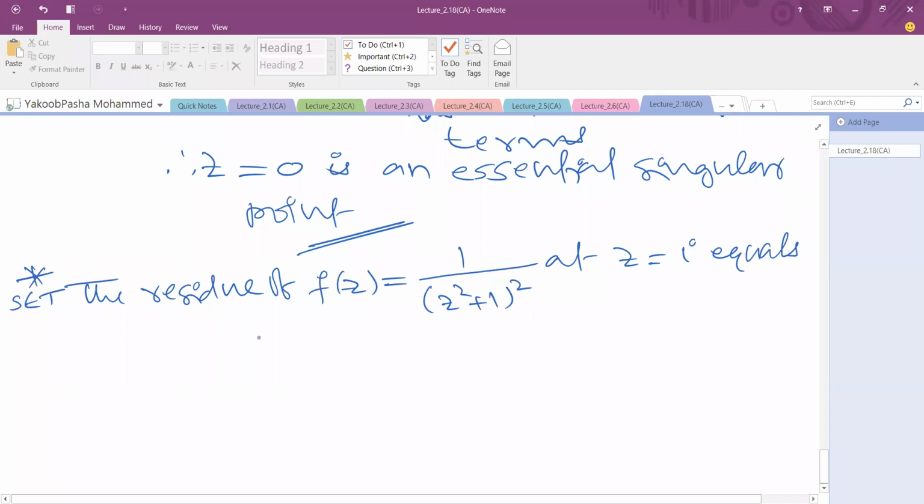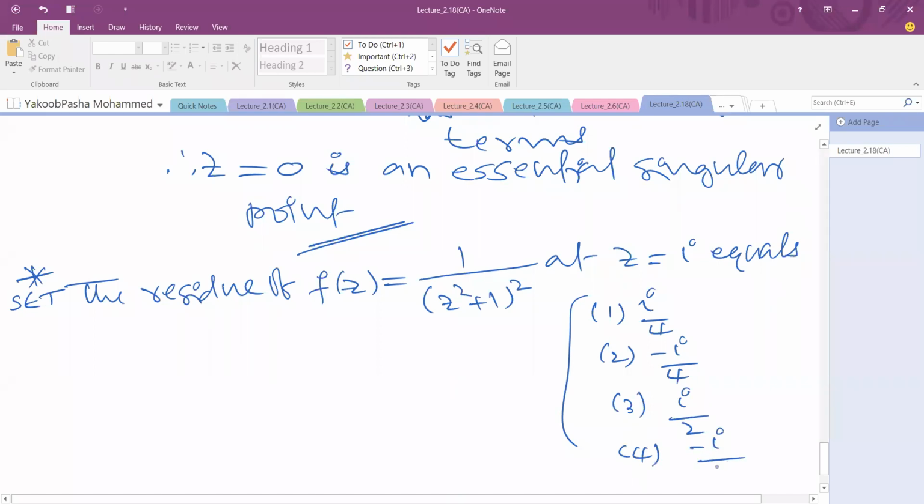We have first option i/4. Second option minus i/4. Third option i/2. Fourth option minus i/2. These are the 4 options we have.